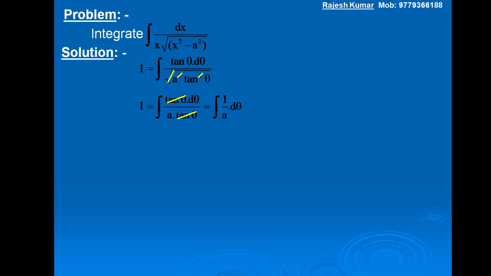Now as a is constant, so we can take 1 upon a common. Therefore we get I is equal to 1 upon a integration of d theta, and it is equal to 1 upon a into theta, because integration of d theta is theta.